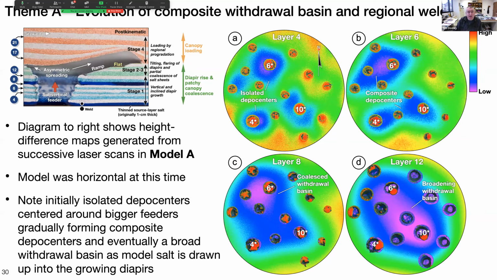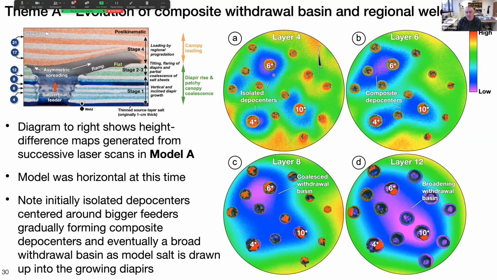And just having a look at model A here, we're talking about the evolution of the composite withdrawal basin and regional weld system. These ones here, this is layer 4, layer 6, layer 8 and layer 12, are shown here on the section on the left hand side.